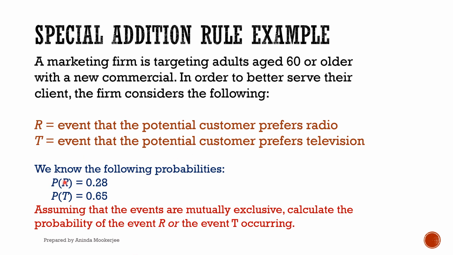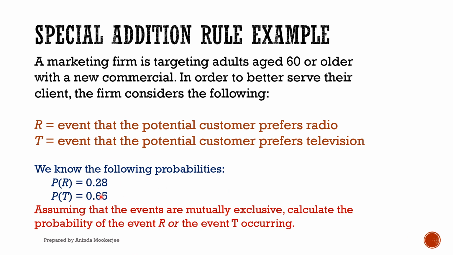P of R, that means the customers preferring radio, equals 0.28, and the customers preferring television, which is represented as P of T, equals 0.65. Assuming that the events are mutually exclusive, calculate the probability of the event R or the event T occurring. So that means if there is a draw, what is the probability that you would find a customer preferring radio or a person preferring television?